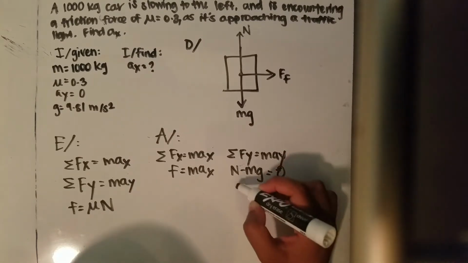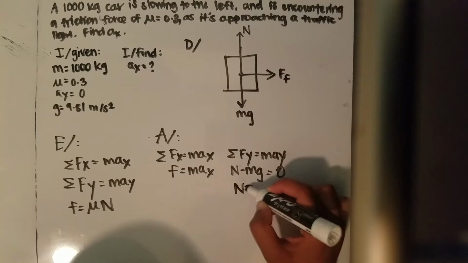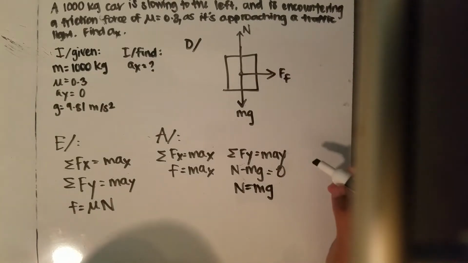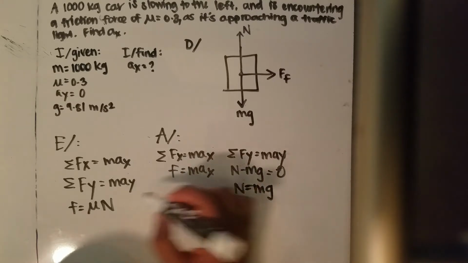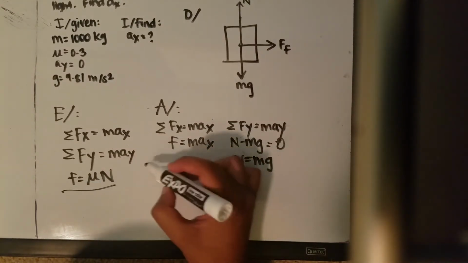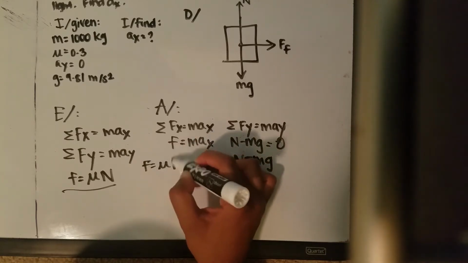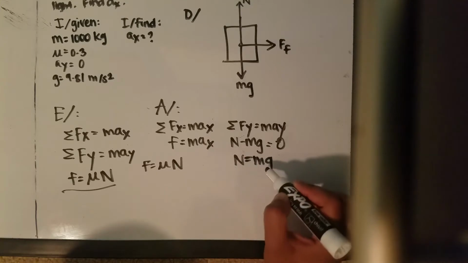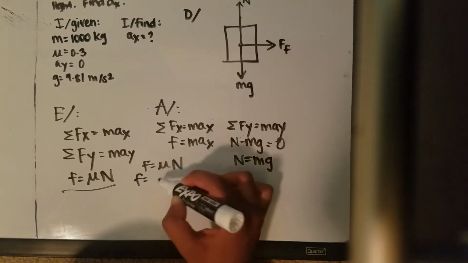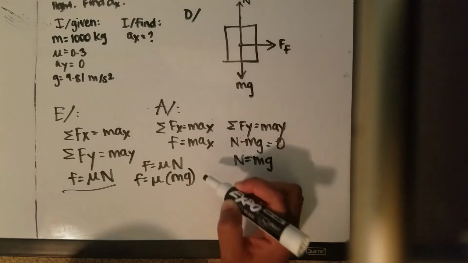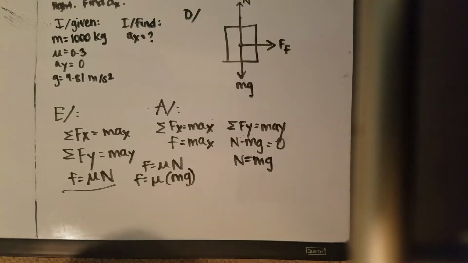So if we set this equal, we have normal equals mg. Then using the friction equation, we can plug in the normal force and say that friction is equal to mu times mg.